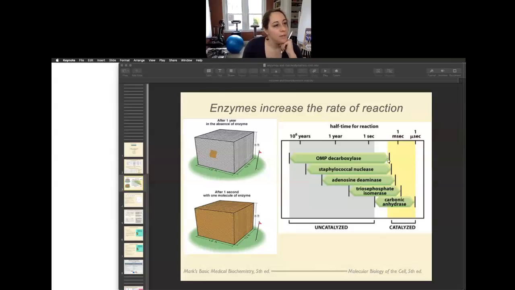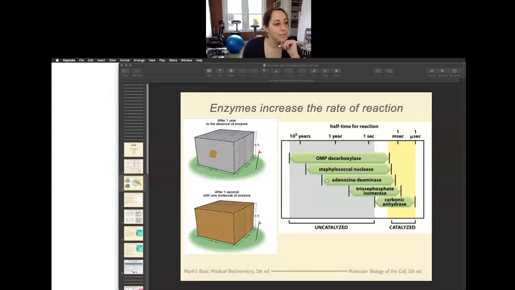So these bars on the right side show the actual time that it would take the enzyme to catalyze that reaction, one reaction. And if we compare that to the bars on the left, those are the amount of time that it would take for that reaction to occur spontaneously.